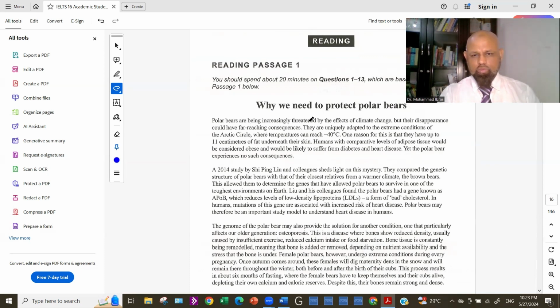Polar bears are being threatened by climate change. Humans with a certain level of disposable tissue would be considered. We want to study the genetic structure of polar bears with cholesterol in human situations. Okay.